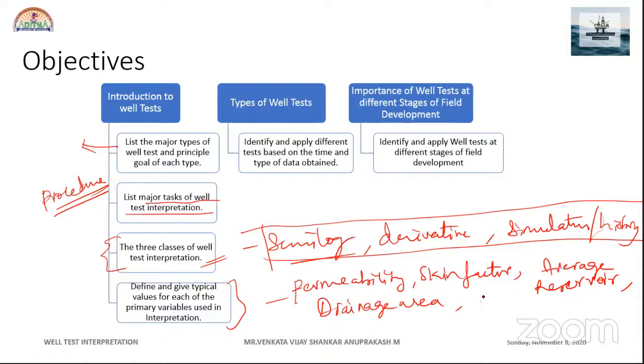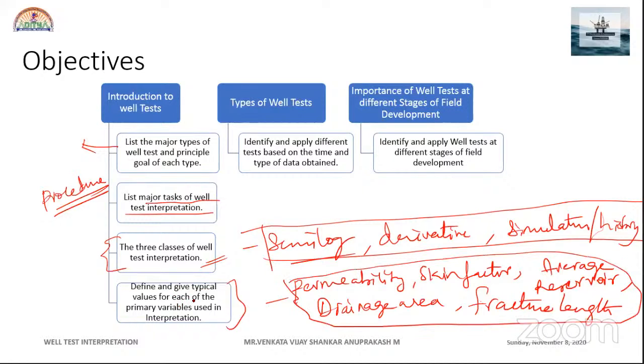Skin factor, okay, fracture length. All these are the parameters which are affecting variables.